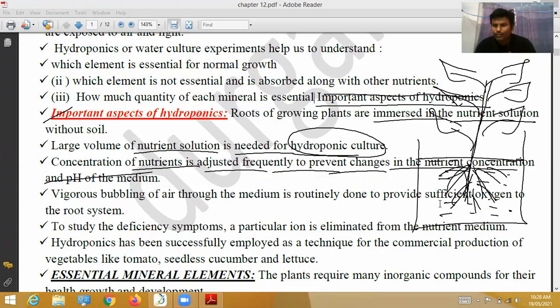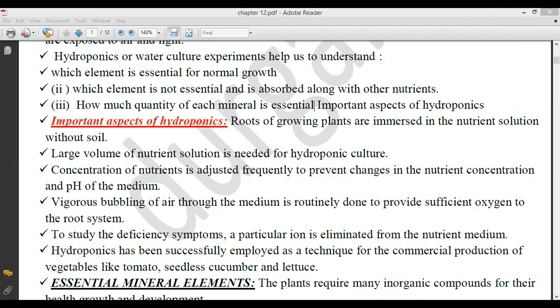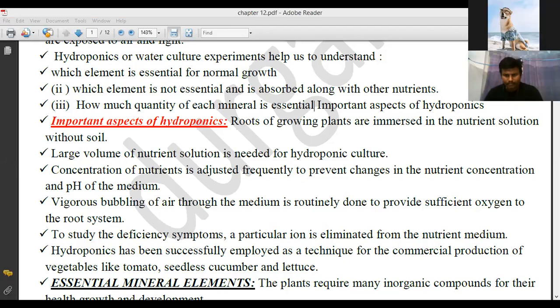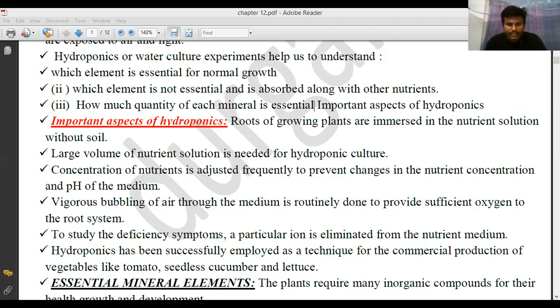Thereafter, the concentration of nutrients is frequently adjusted.